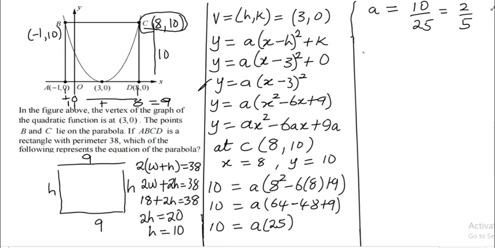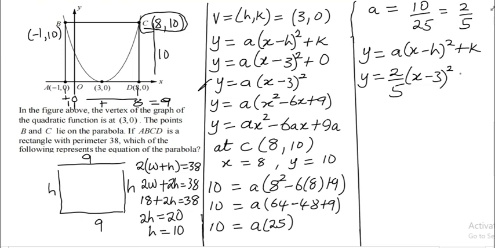So now we can write the general equation, instead of y equals a times (x minus h) all squared plus k, as y equals 2 over 5, because that is our a, times (x minus 3) all squared plus 0.